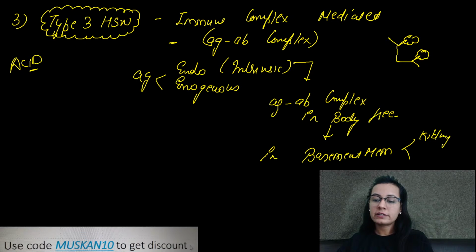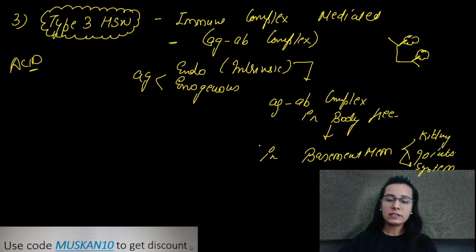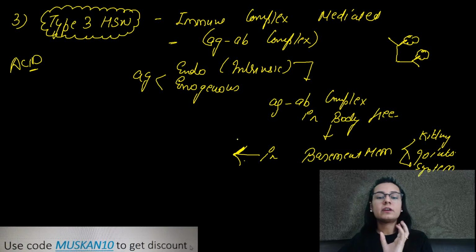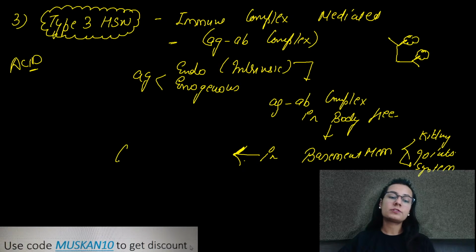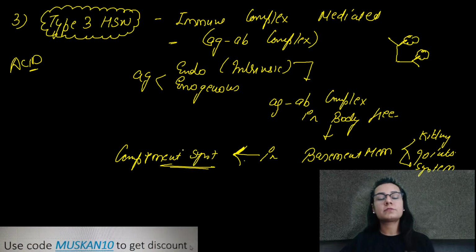The kidney or joints, or any system of the body, they will get lodged there. Now the antigen-antibody complex itself will activate the complement system. Here also the complement system will get activated, releasing lysozymes, inflammatory reactions, and reactive oxygen species.